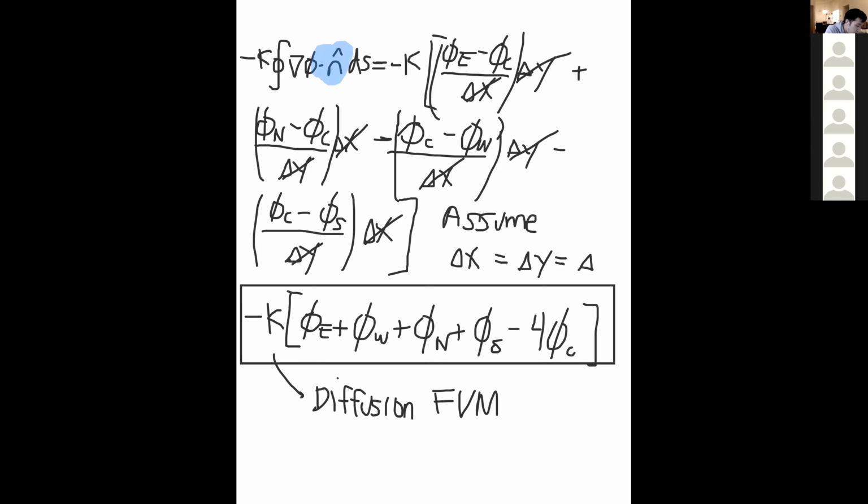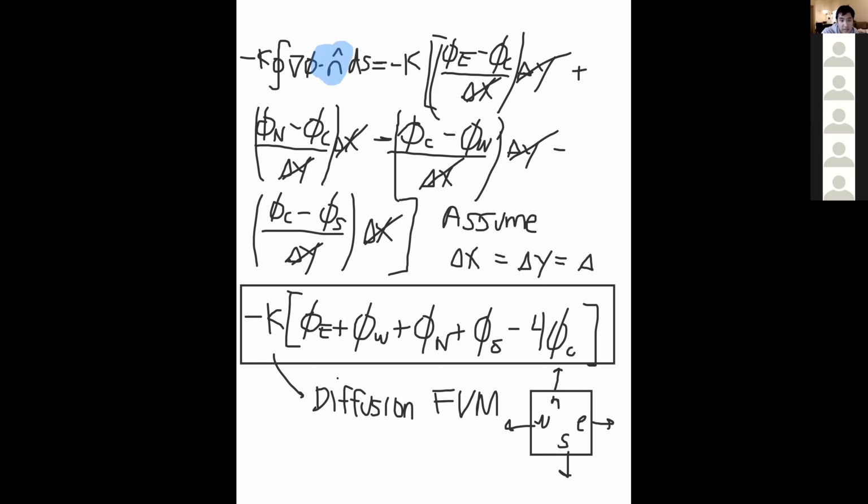So if we draw our square again, and let me take a pen here. The normal vectors on each of the faces represent the directions that face outward, right?